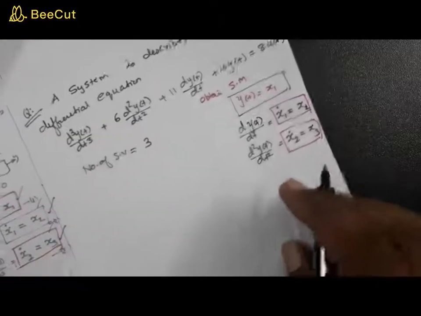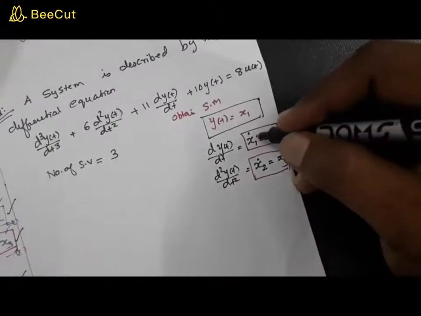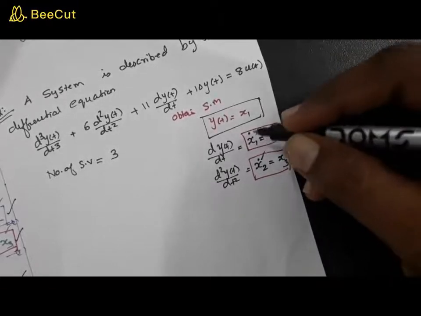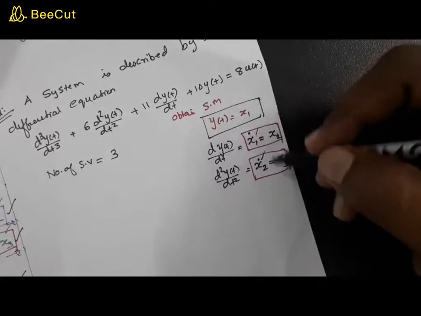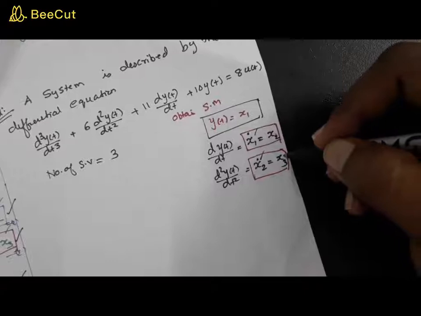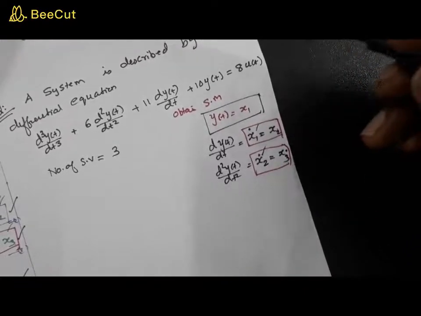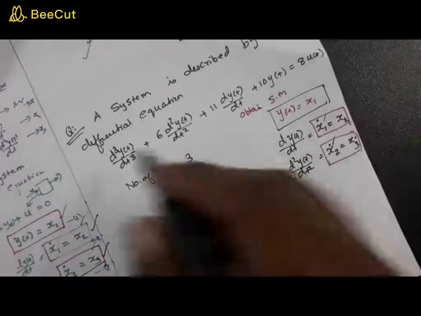So from this you got x1 dot and x2 dot, the first derivative of each state variable. Now we also need the first derivative of x3, or x3 dot. You will get that from this equation.